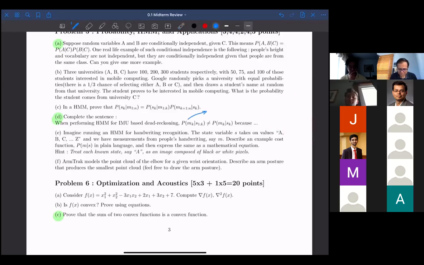This P MK given S1 to K is basically saying probability of MK given SK, SK minus 1, SK minus 2, all the way to S1. And P MK given SK is saying P MK given just SK. And in GPS, when we were talking about HMM, we said, look, once I know SK, I don't care about the previous states.